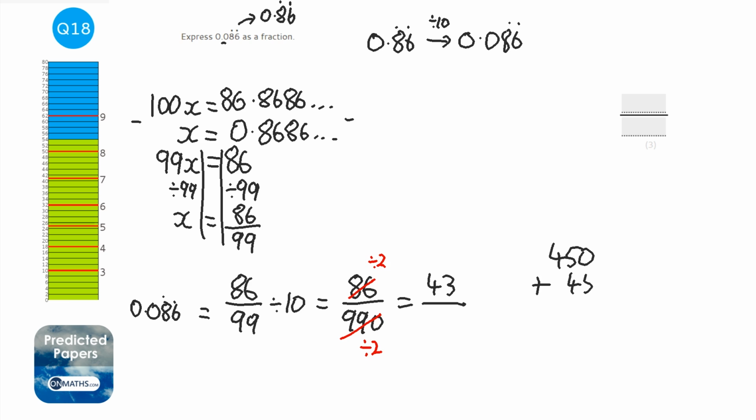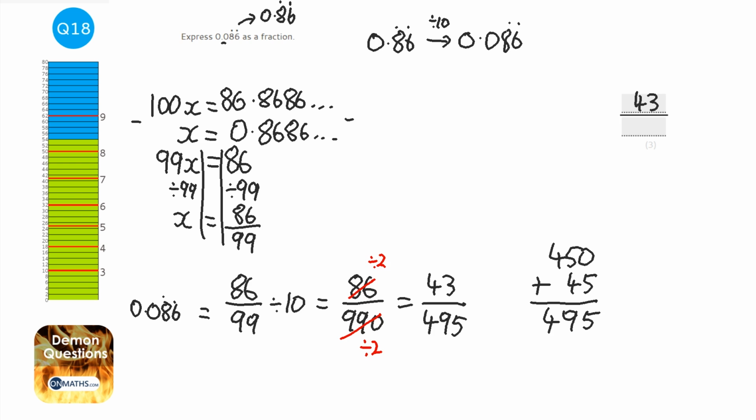You don't need to show this working out, but I'm doing it just to show you. Now, I don't think there's another number that goes into 43 and 495, so I'm going to leave it there. Normally when the numbers are big, you won't be asked to simplify it, or there will be a very easy way of simplifying it.